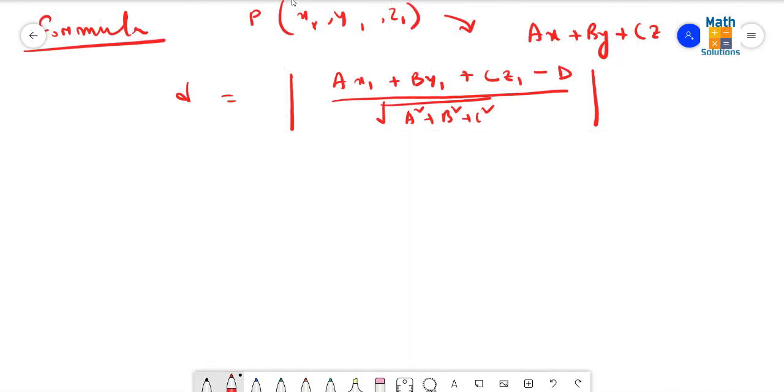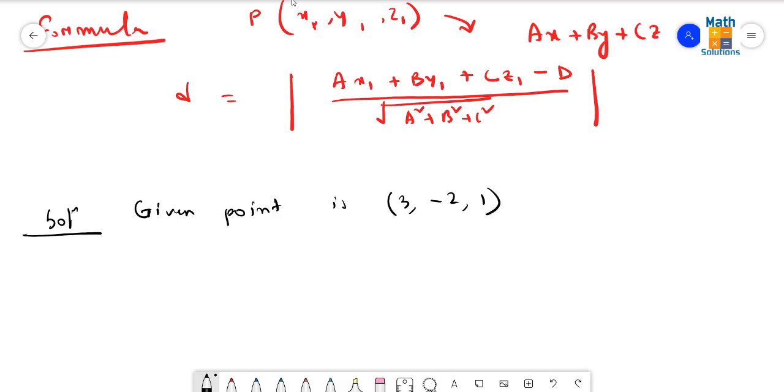So in our question, in the solution part, what is to be done? The given point is (3, minus 2, 1), and the plane is 2x minus y plus 2z plus 3 equal to 0.